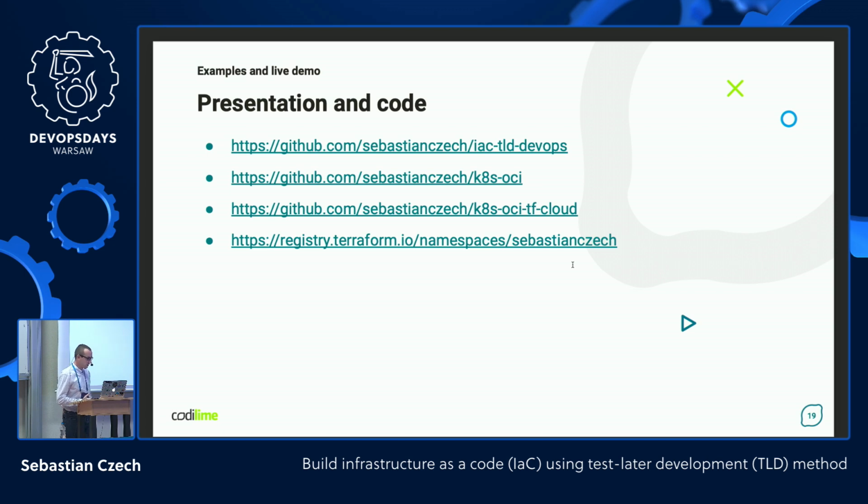And using that code, which you can get from my GitHub profile, you can provision your Kubernetes cluster and use it for free in Oracle Cloud, because Oracle Cloud gives you 4 small virtual machines for free forever, yes. And this is nice for hobby projects if somebody is interested. And the last link is a link to the Terraform registry, where I publish my modules for that Kubernetes cluster.